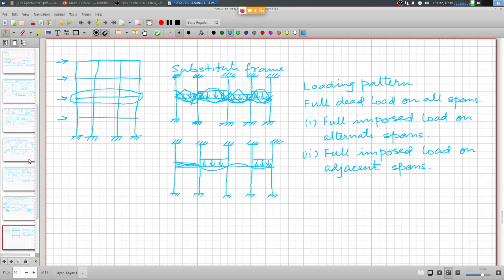Yes, sir. So how do we estimate these lateral loads from the design spectrum, considering the dynamic properties, natural period and mode shapes, and how do we arrive at these lateral forces?